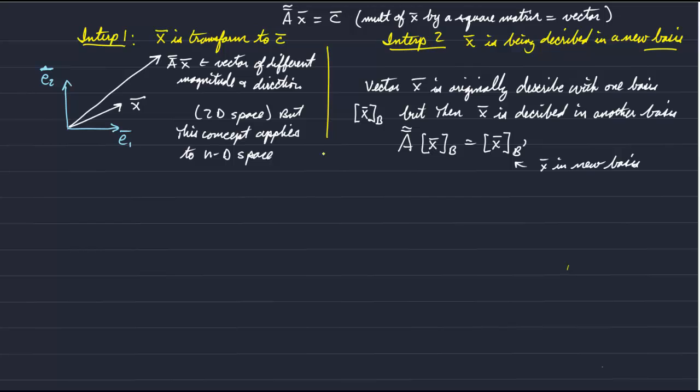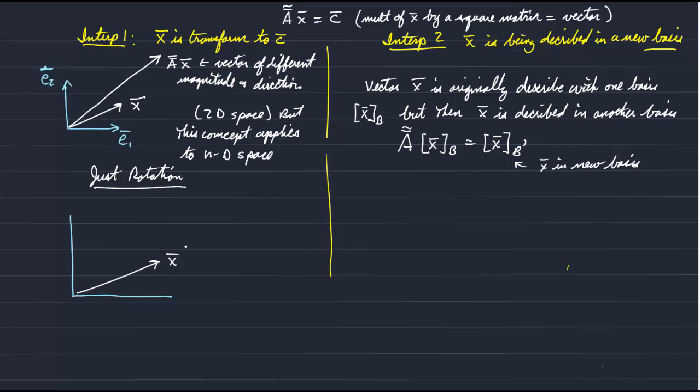And I'll illustrate that below. So let's look at the special case of just rotation. So for the first interpretation, in which we're involving just rotation, we would have our original vector x, say, and if we multiplied x by the appropriate matrix, we could get, oh, I better draw x a little bit higher up.